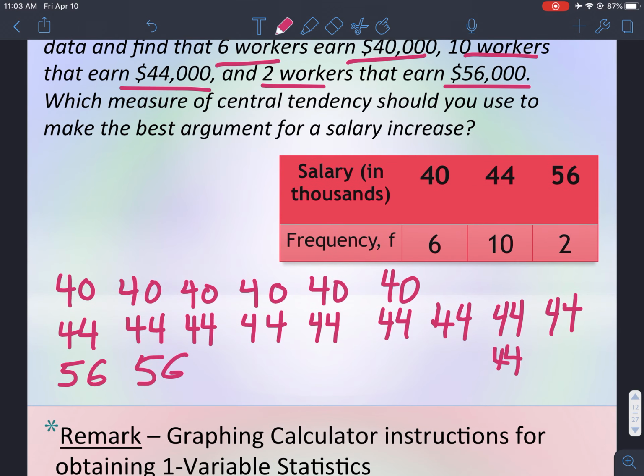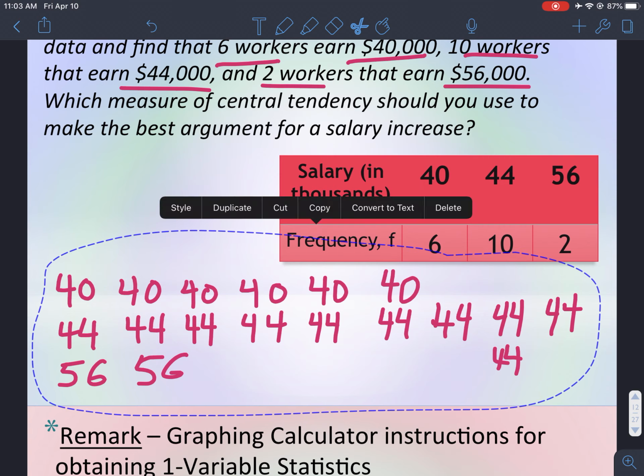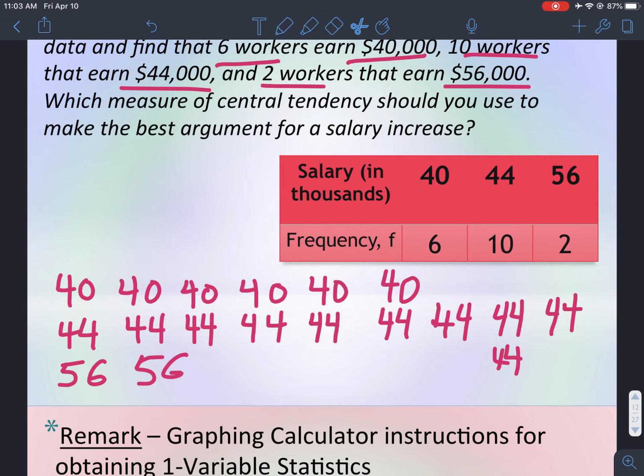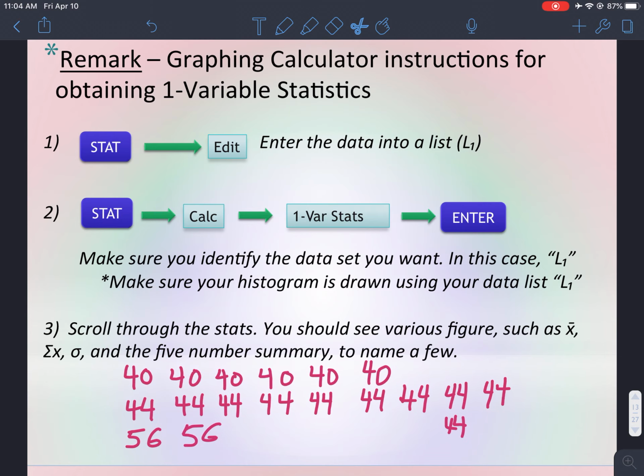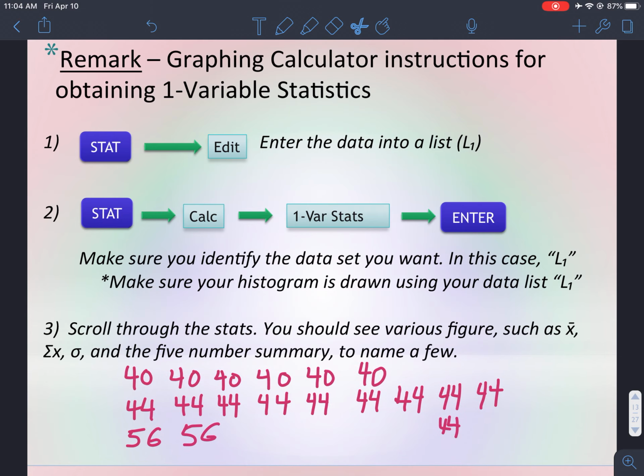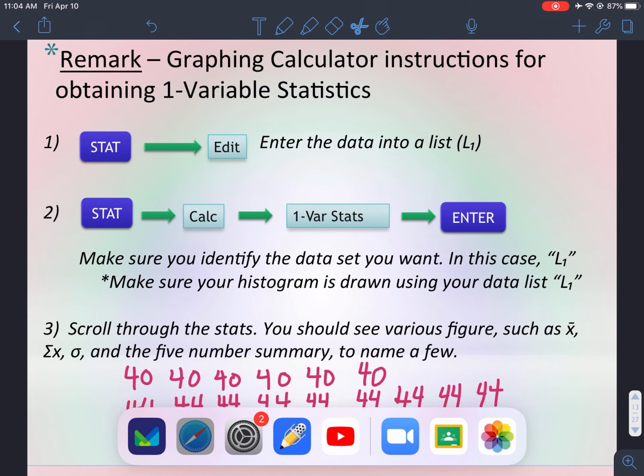Here's our data set with 18 values. Keep that in mind. Let's bring up a graphing calculator.